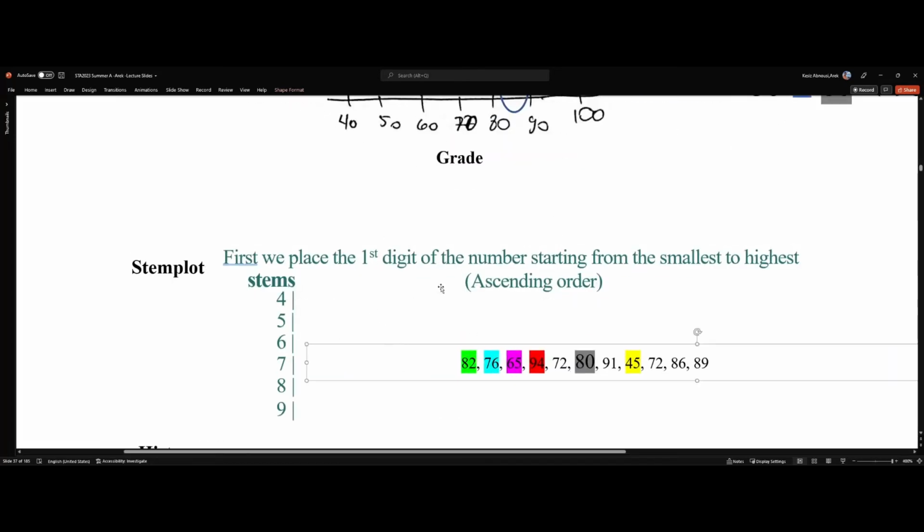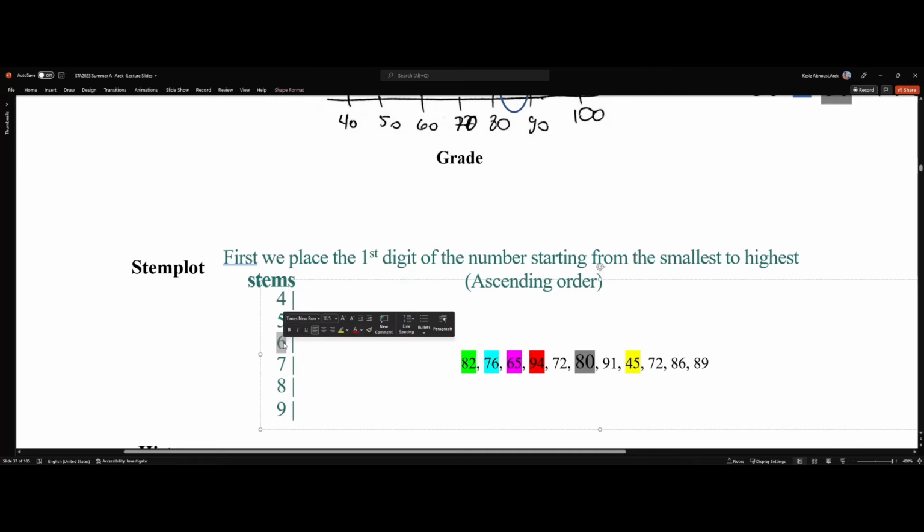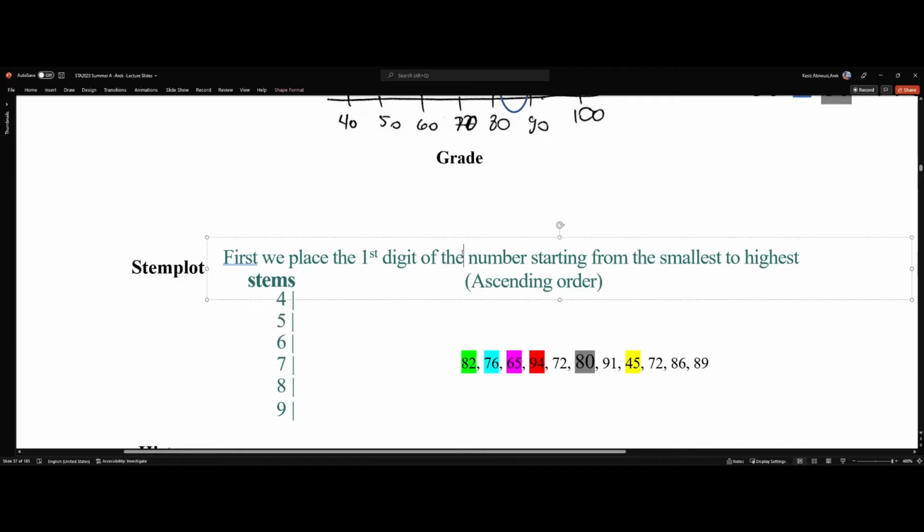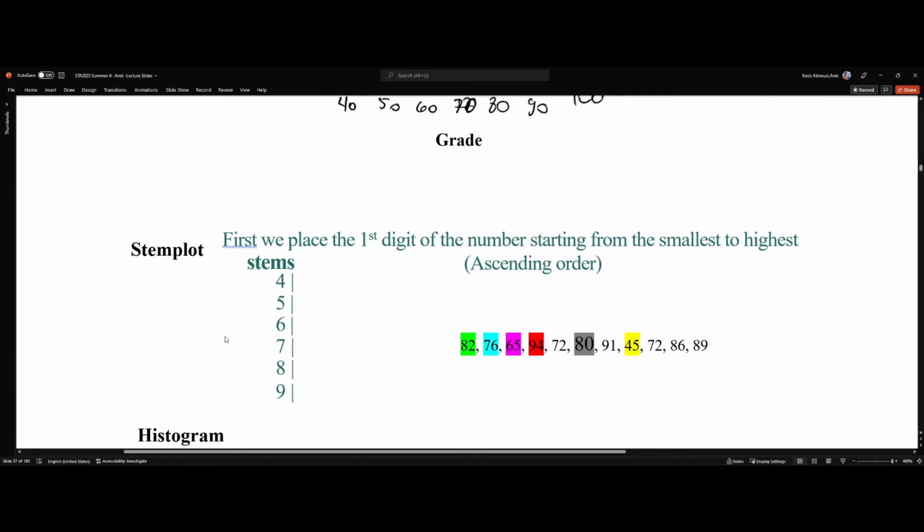So we put them in ascending order, which means from the smallest to the largest. So 4 is this 4. Then we have 5. There isn't any 5, but we have 6, right? We don't skip it, even though there isn't any number with first digit 5.